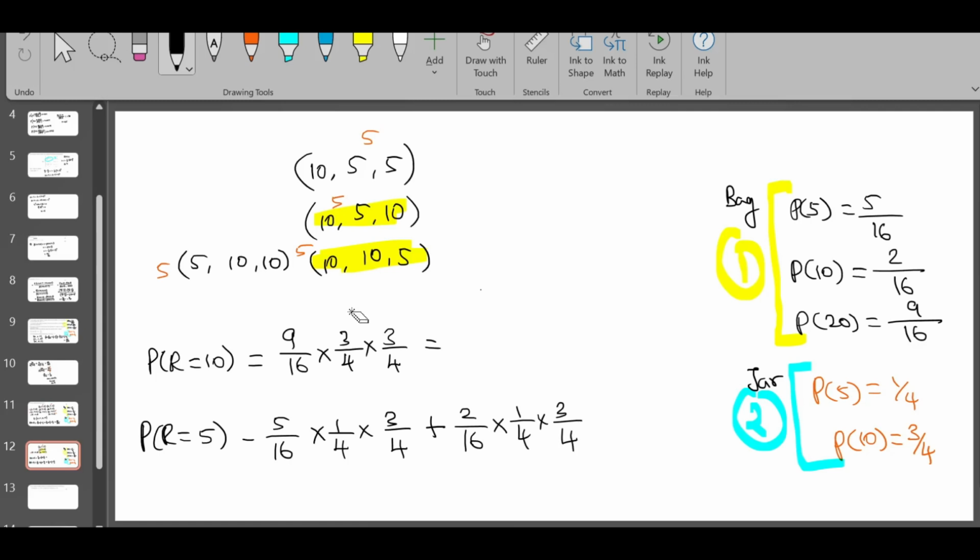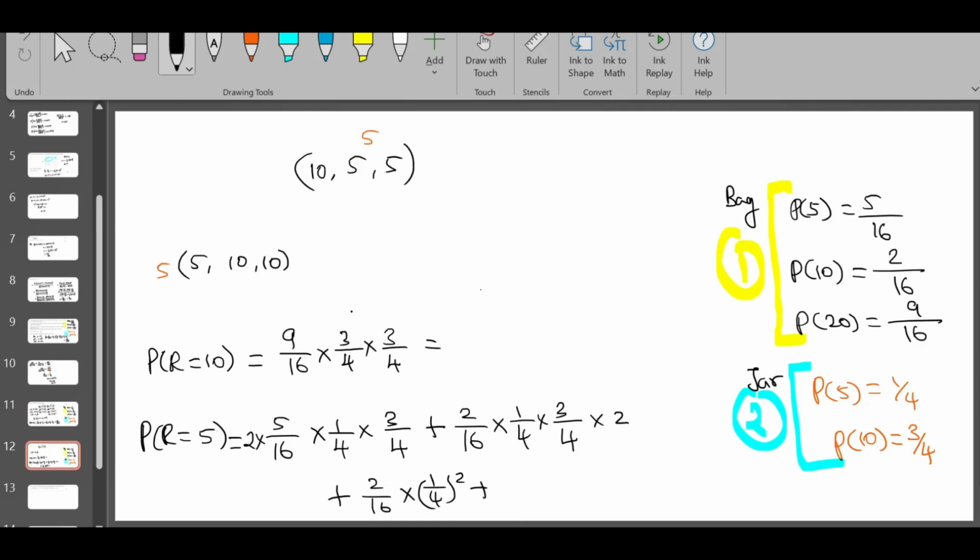So you need to write it 2 times, right? Because 2 similar combinations. Plus. So we are done with this also, right? And these 2 are separate ones. The first one is 10, which is 2 over 16, and 5, which is 1 over 4 whole square plus. So this is over. And then this one, 5 from the bag.